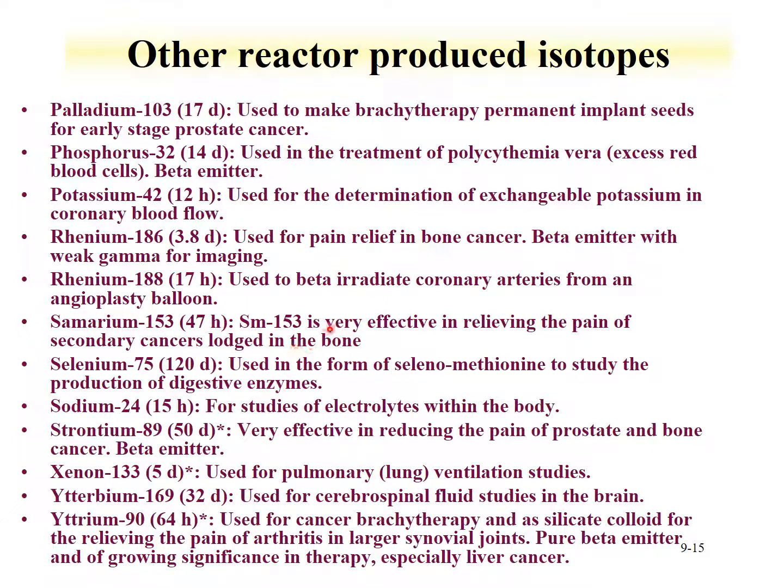Samarium-153 is also a lanthanide that has been explored for relieving pain in cancers and bones, similar to the Xofigo. And then an isotope of xenon is also used for pulmonary or lung ventilation studies. And yttrium-90 is being explored for liver cancer treatments.